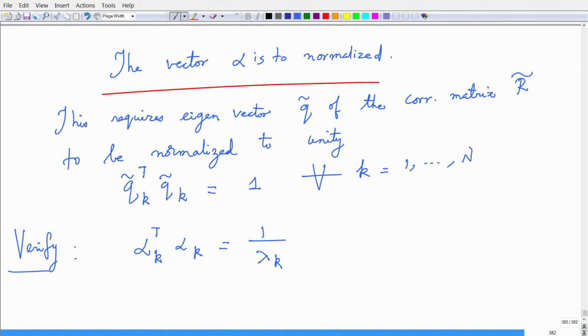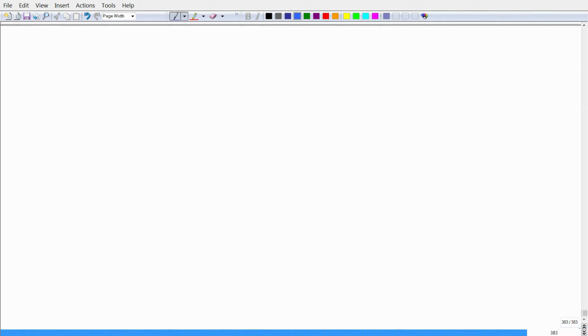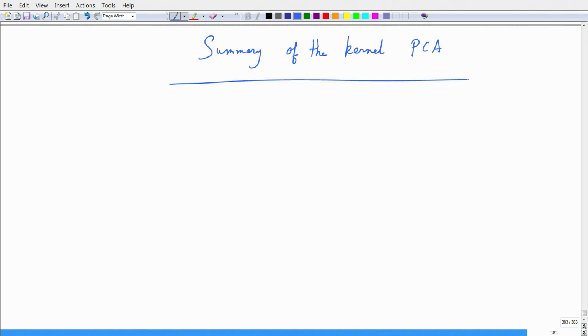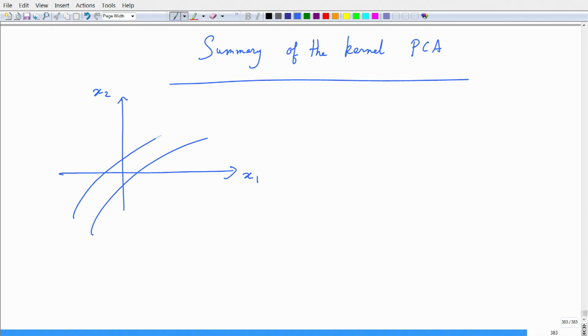Let us try to summarize what is really happening here, right. So, conceptually, let us say, imagine points are in a 2-dimensional space.